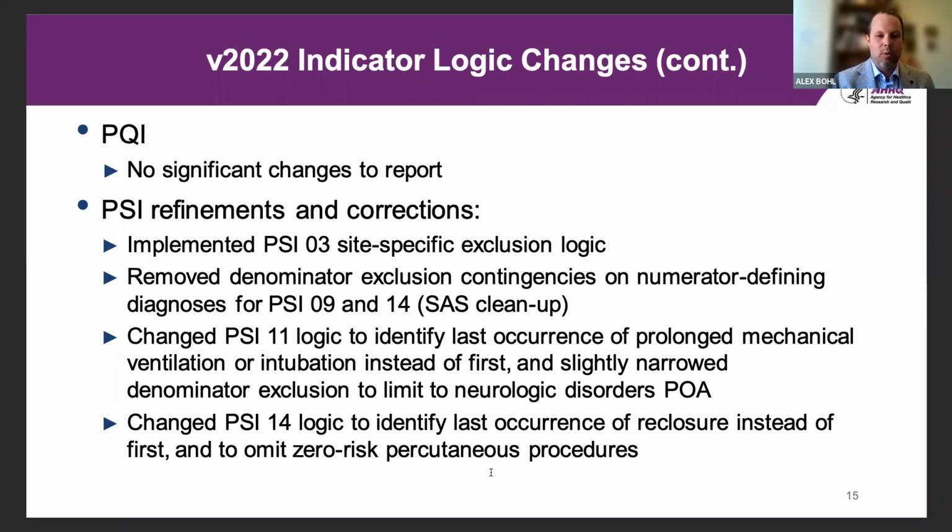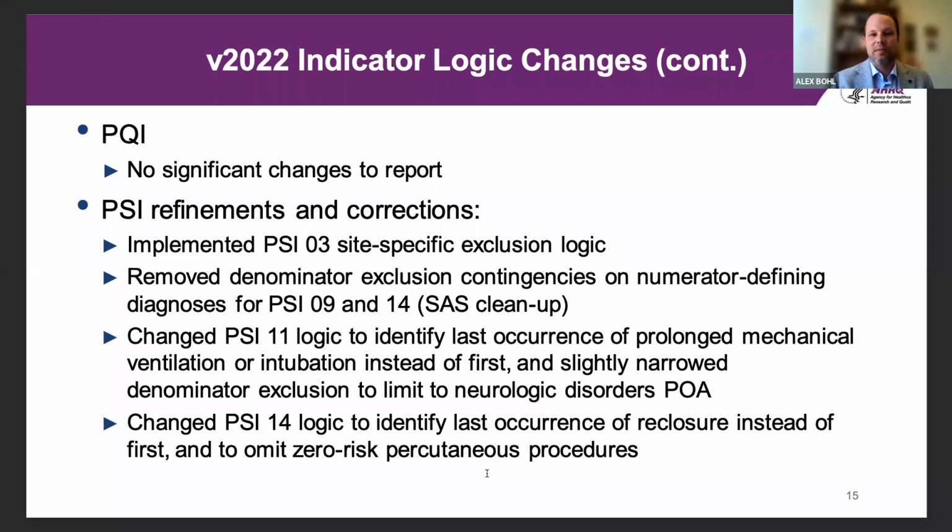For PSI 14, there's an important change to point out where the logic has changed not only to find the last occurrence of reclosure of a wound, but also to omit zero-risk percutaneous procedures. The issue here is that these procedures, we've observed over the past few years, both empirically and through the literature, have a very minimal contribution to the numerator and are considered almost zero-risk procedures.